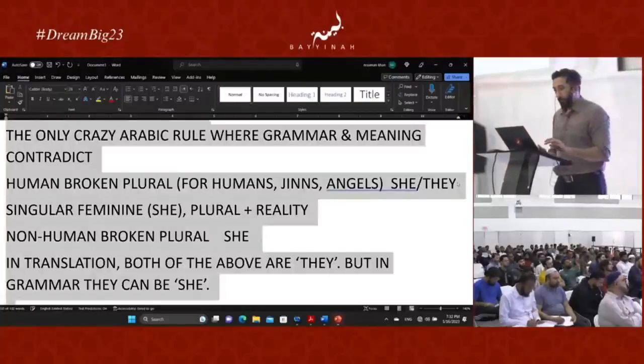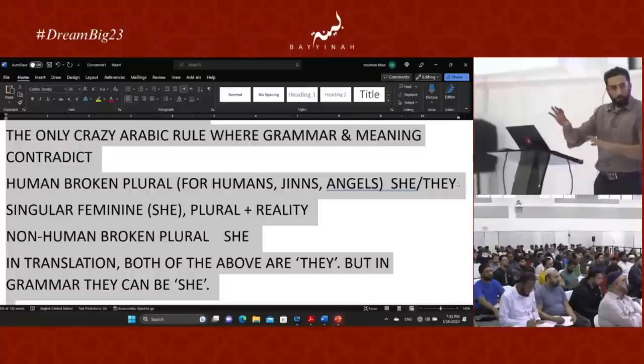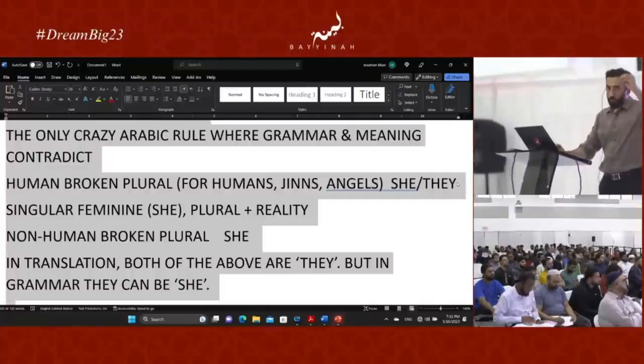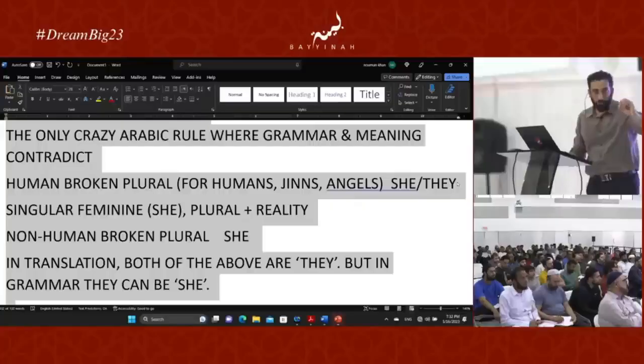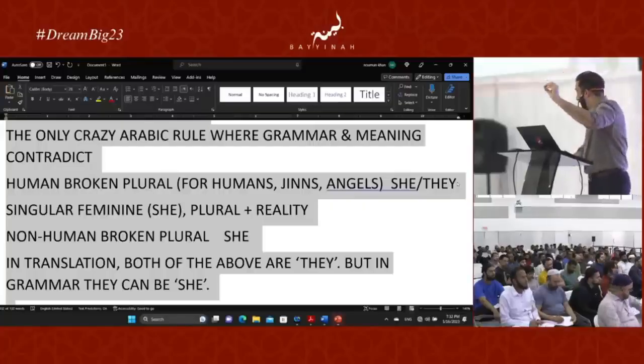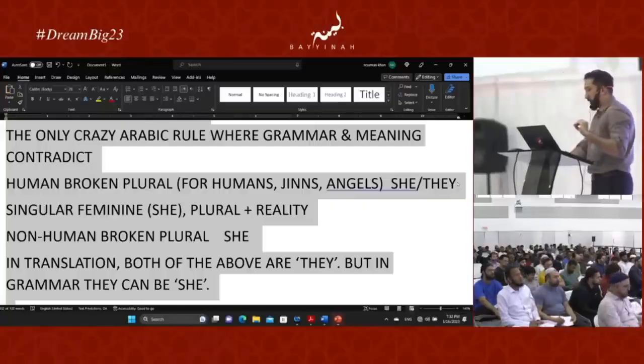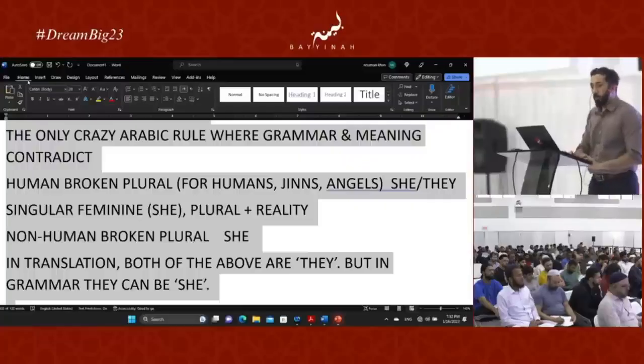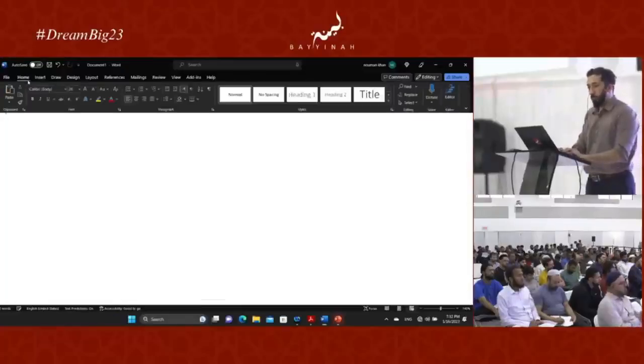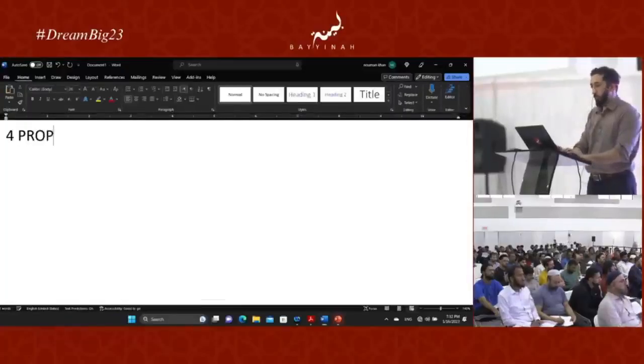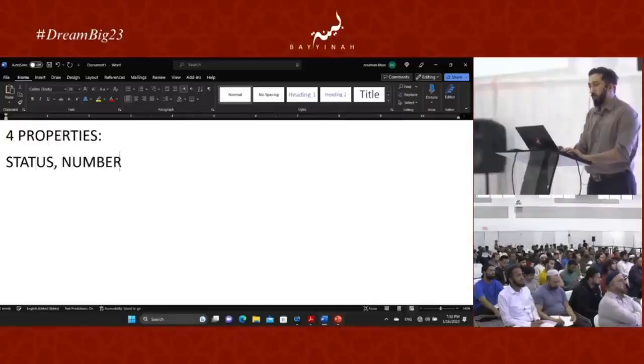Now, was this helpful? These are some of the hard parts of what we did so far. Not everything, but some of the pain points. Now we're done with the four properties of the ism, which were what? Status, number, gender, and good.